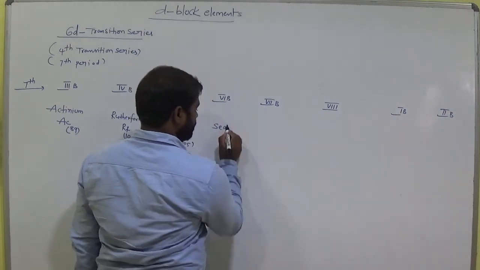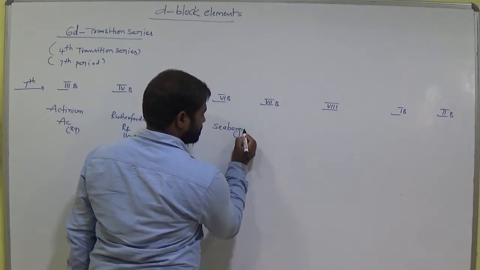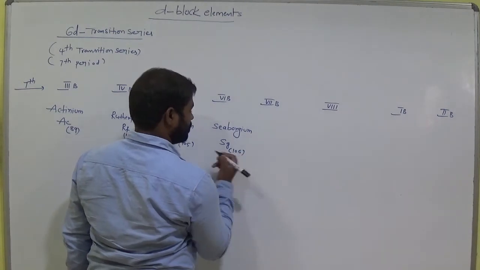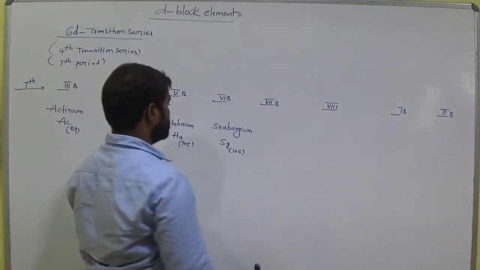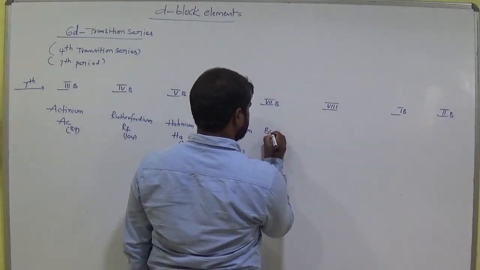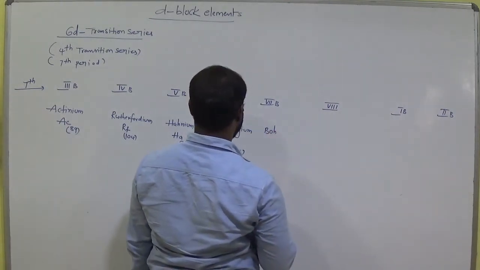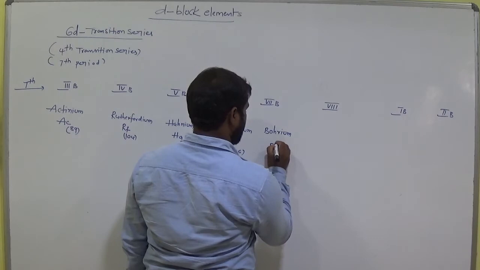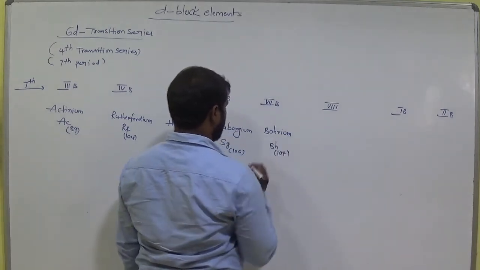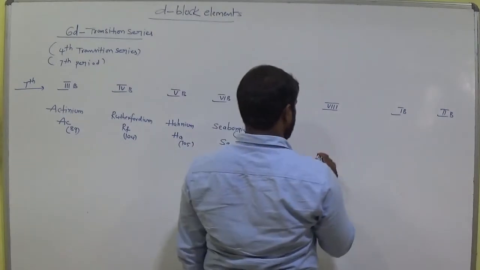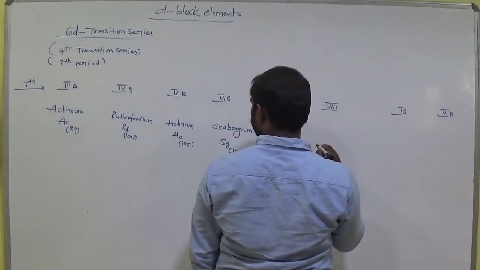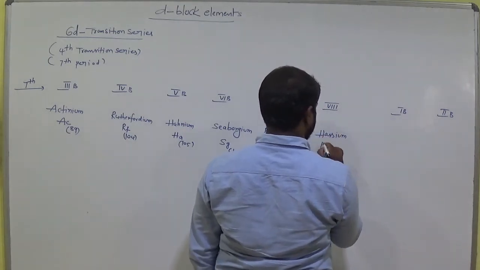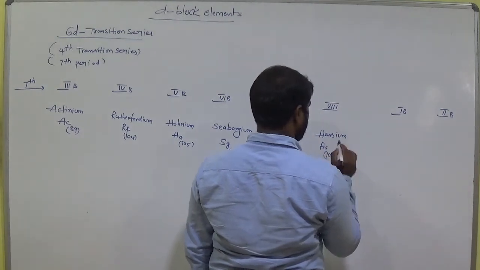The next one, Seaborgium. The symbol is Sg, 106. Seaborgium. And Bohrium. The symbol is Bh, 107. Bohrium. And Hassium, Hs, 108.